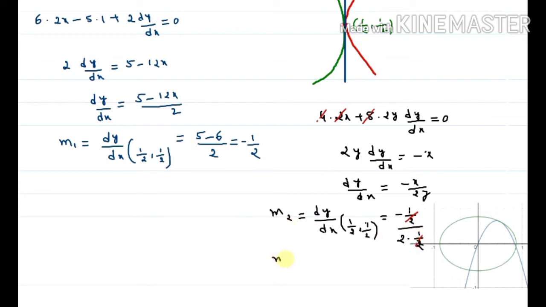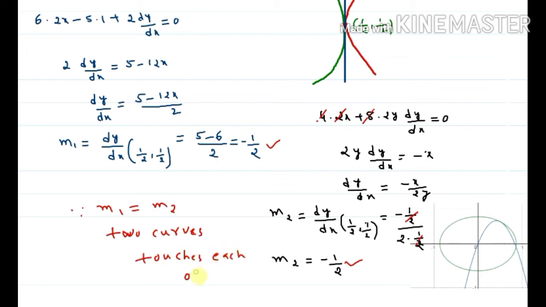So m2 I got minus 1 by 2. Now observe the two values: m1 is equal to minus 1 by 2, m2 is also equal to minus 1 by 2. Since m1 is equal to m2, the two curves touch each other. This is the problem. Proof is completed.